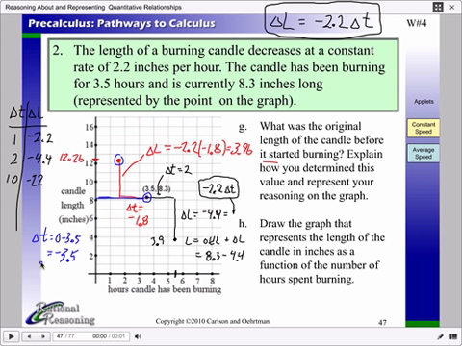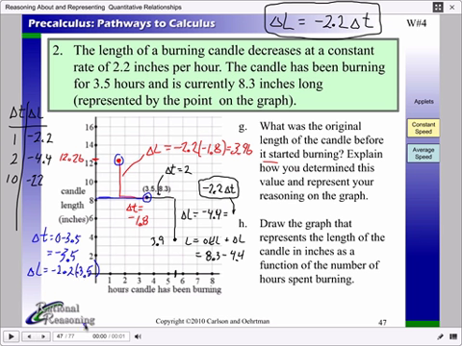And so if 3.5 hours are going by, how much does the length of the candle change? 2.2 times 3.5. But in this case, the 2.2 is negative, and the change in time is negative.